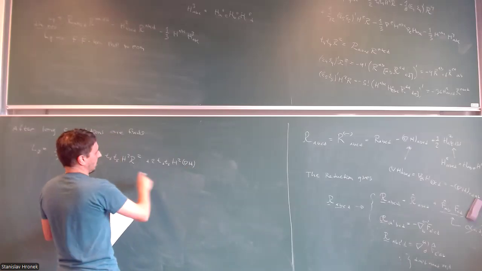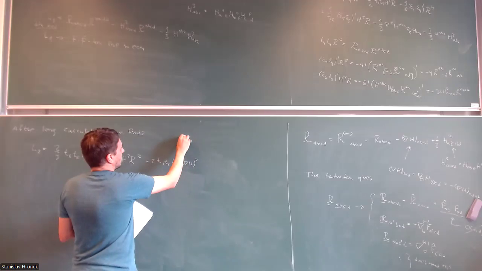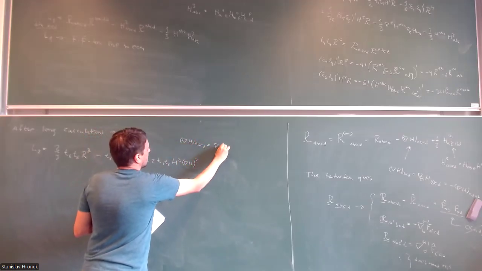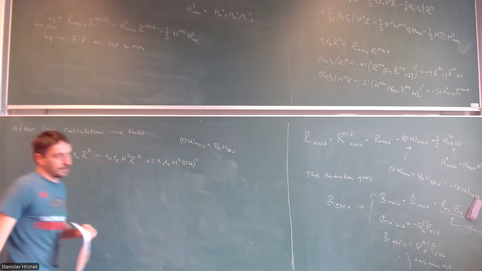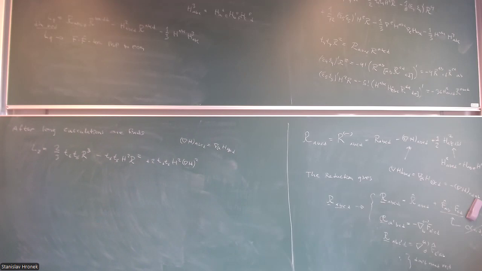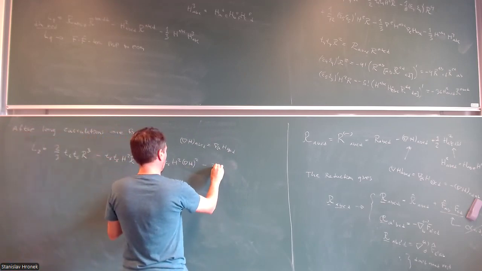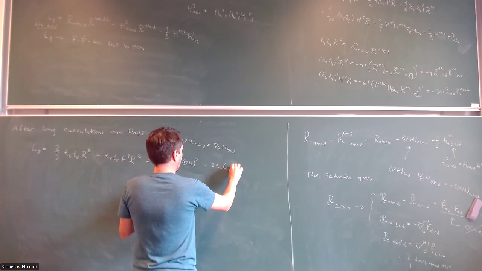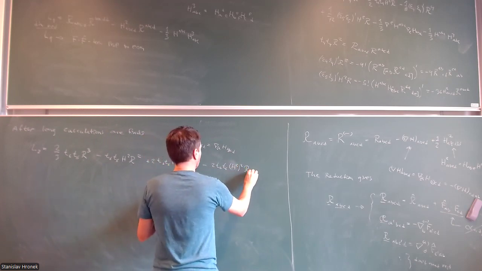So you replace these two Riemann tensors by now H. Finally, there's a term 6 H squared squared.